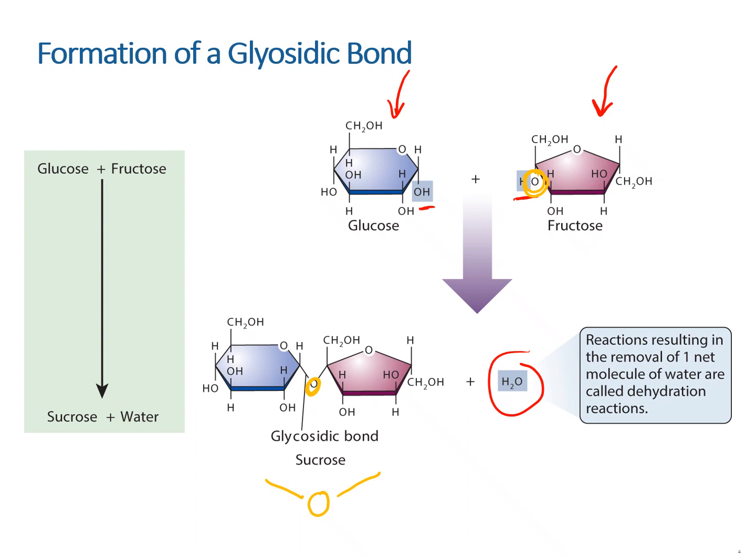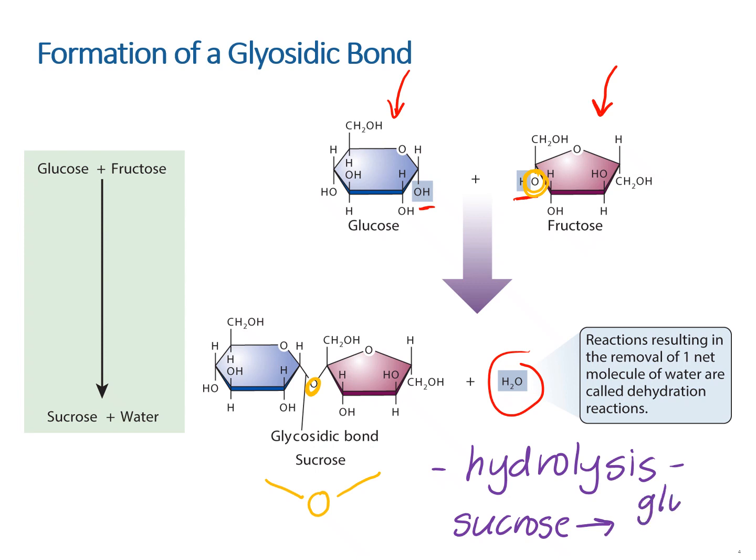Now we can also break our glycosidic linkage by hydrolysis. Remember that hydrolysis is the process of using water to break the bonds. So we can do the same thing and go from our sucrose down to our glucose and our fructose.